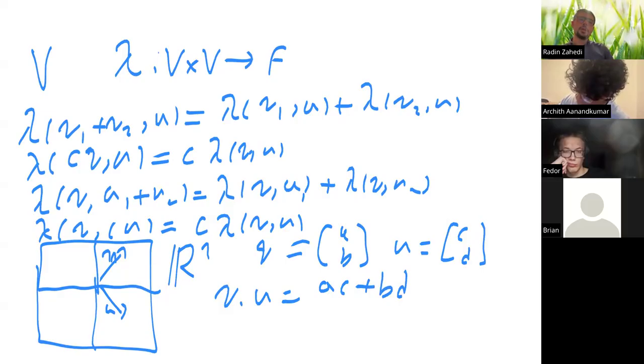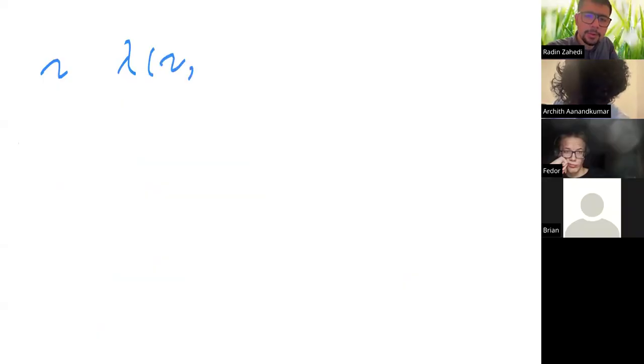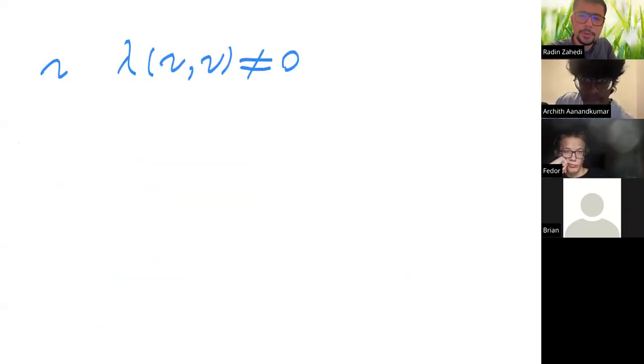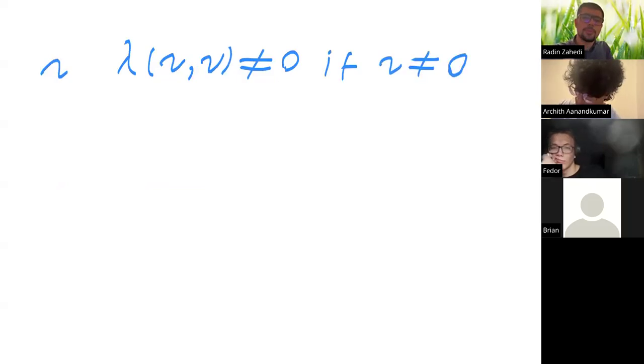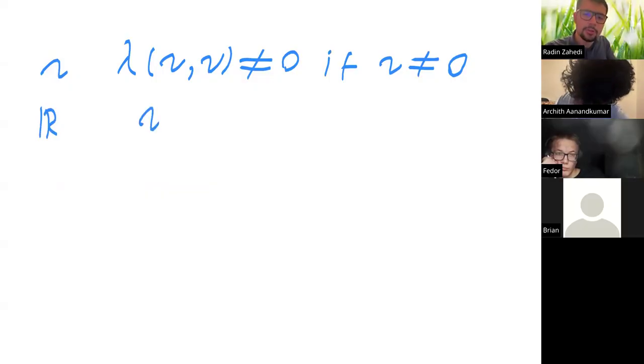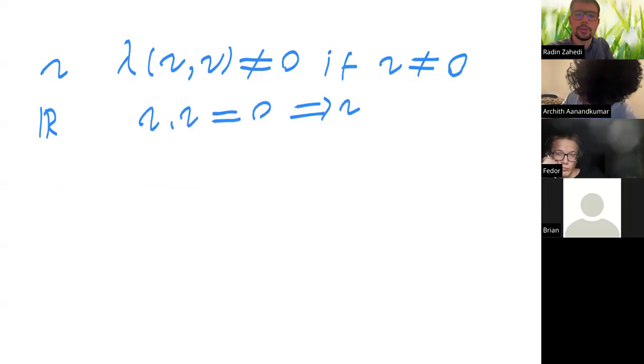So sometimes our vector space is equipped with a bilinear map with the property that for each v, lambda of (v, v) is not 0 if v is not 0. For example, does the dot product in R2 satisfy this condition? If v dot v equals 0, then we know that, for example, v is 0 in particular.